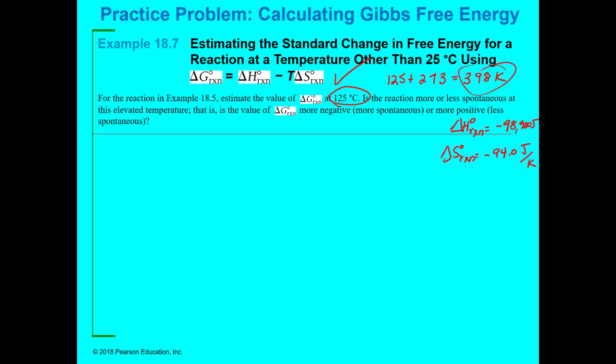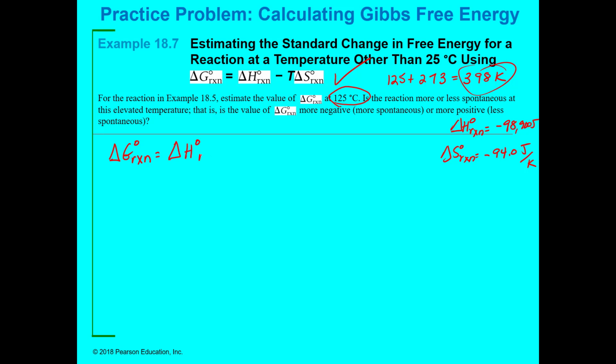And all I have to do is plug that into this delta G formula. Now, if I hadn't said to use the information from the other problem, you would have had to calculate the G's and the H's and the S's from a table or whatever. But since we already have them, I made it easy on you.